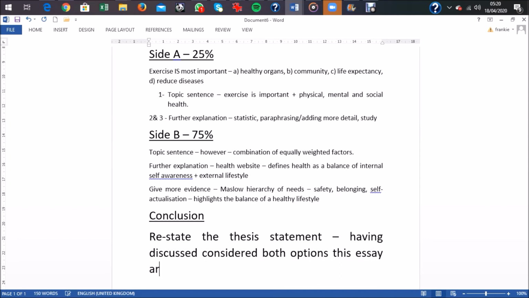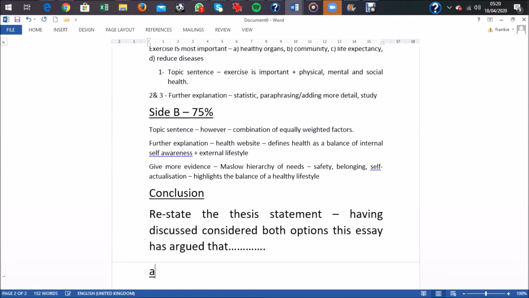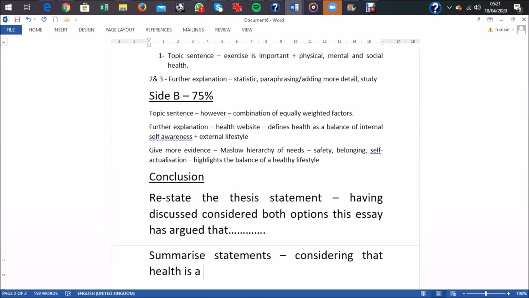The essay argues that ... This essay has argued, change the tense up there, guys, to the present perfect. So this essay has argued ... And then you can summarize those 2 statements again. Considering that health is a balance of different factors coming together.